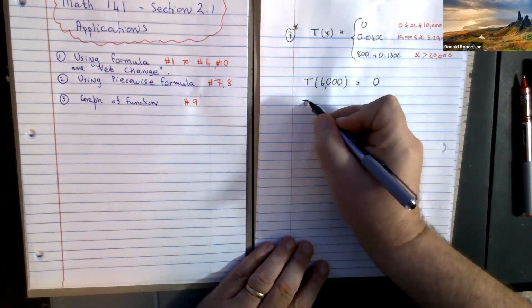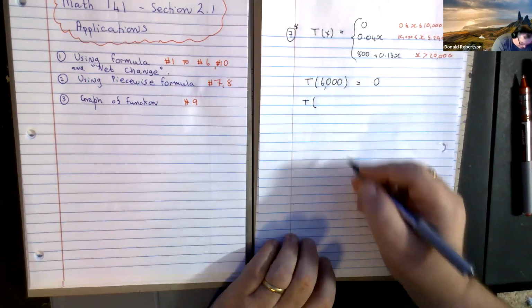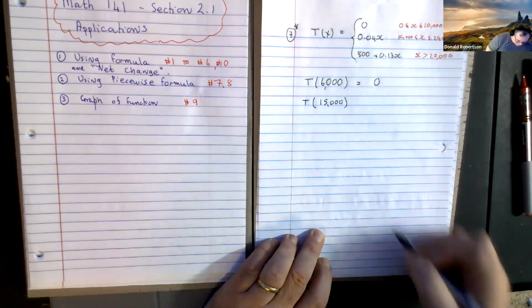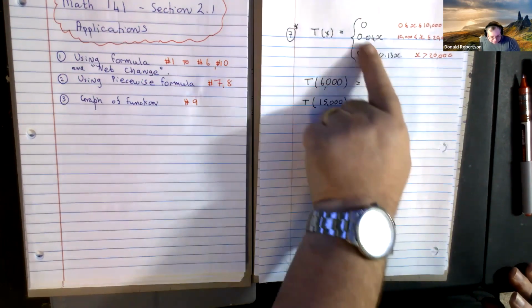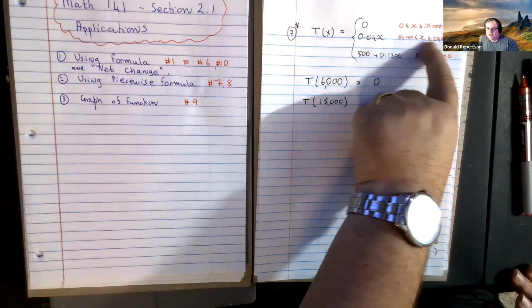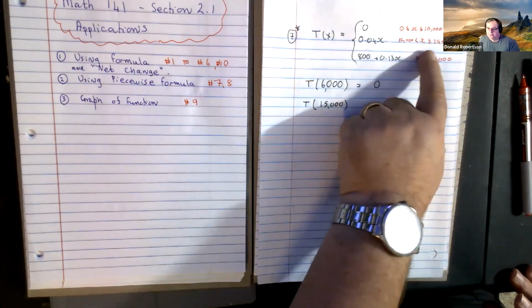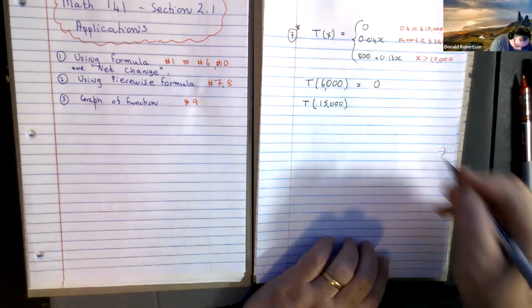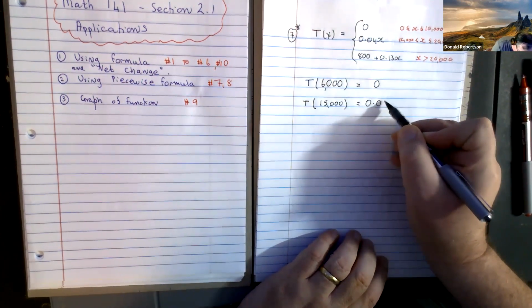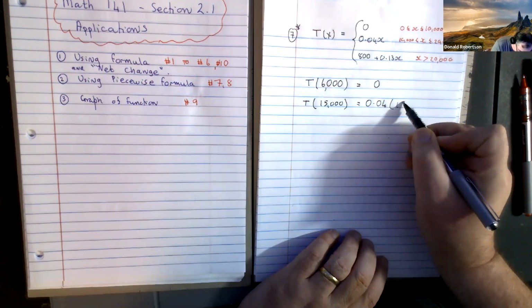Now, let's say he's got a brother, and his brother makes 15,000. Well, if you make 15,000, do you see that you now qualify in the middle category, right? x is between 10 and 20,000. So he's going to be 0.04 times whatever x is.